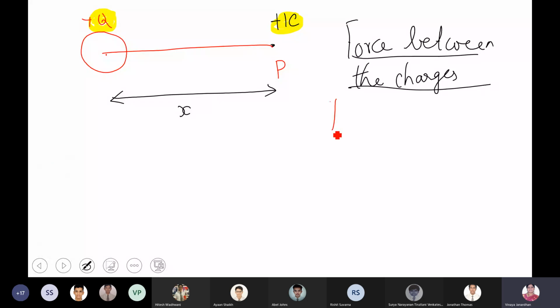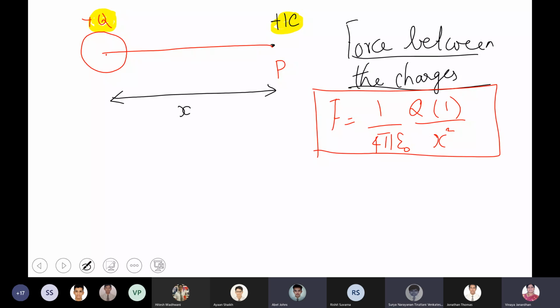F is equal to K, which is 1 by 4 pi epsilon naught, times Q1 Q2. What is Q? Q, and the other one is 1, divided by the distance between them, X squared. Are you clear, boys? Yes, ma'am.